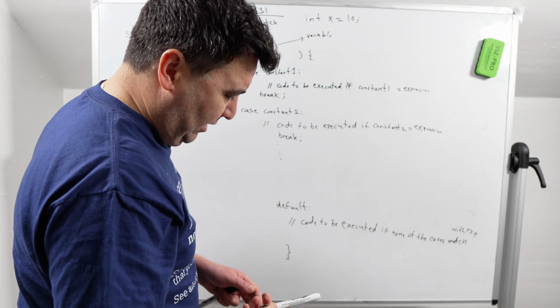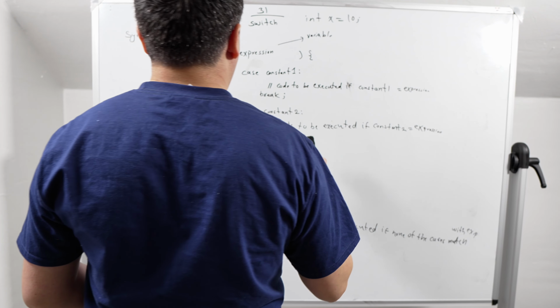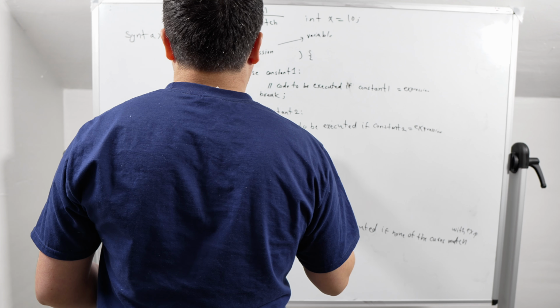So for example, let's write an example so you understand how we can use the switch statement in our program. I cleaned the whiteboard. Now let's write a simple example.